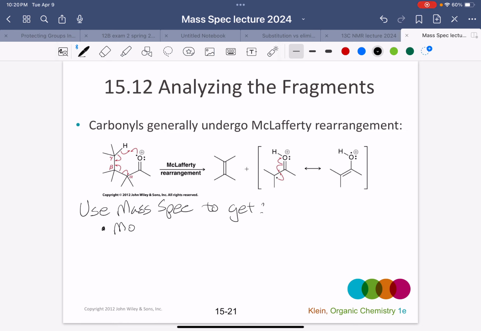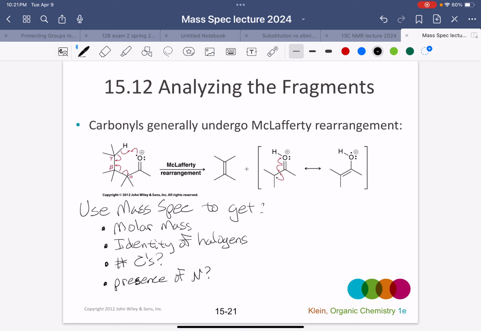molar mass, identity of halogens, number of carbons, question mark, presence of nitrogen, question mark.